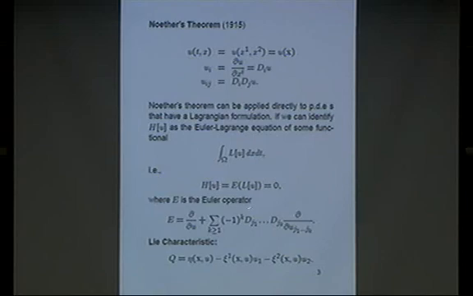So this E here, this Euler operator, is this complicated thing, depending on how high the derivatives are in L. They introduced this Lie characteristic. Now, this Lie characteristic turns out is one and the same with the characteristics that I just talked about. The hard part is finding it. And this is where Noether's theorem comes in.